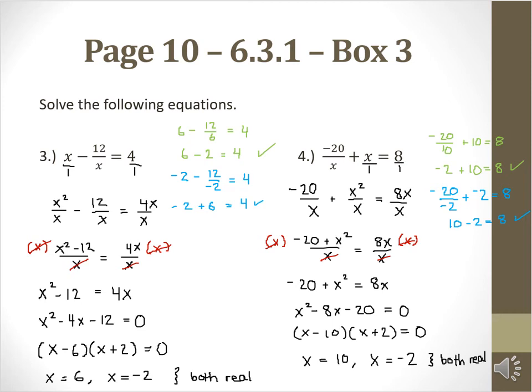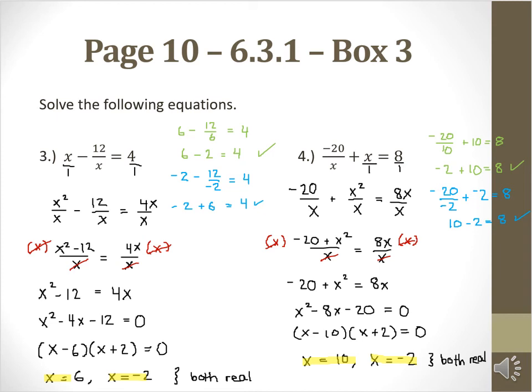For problem number 3, I got solutions of x equals 6 and x equals negative 2, both real. And for problem number 4, I got solutions of x equals 10 and x equals negative 2, both real. So if you got those same answers as me, then you are ready to get started on today's homework. If not, stick around for these answer explanations.